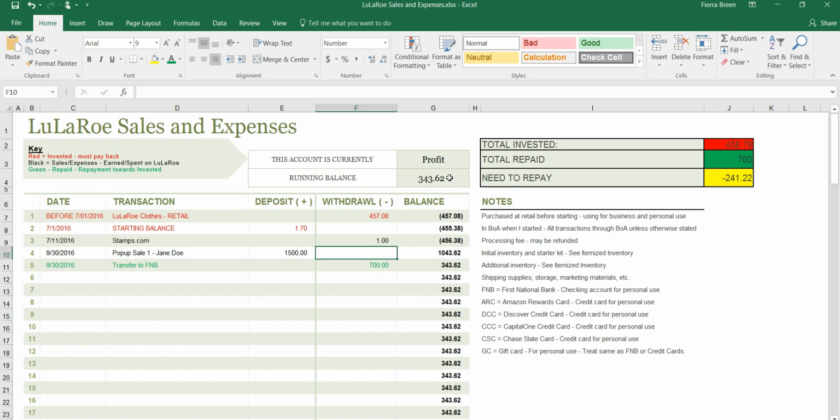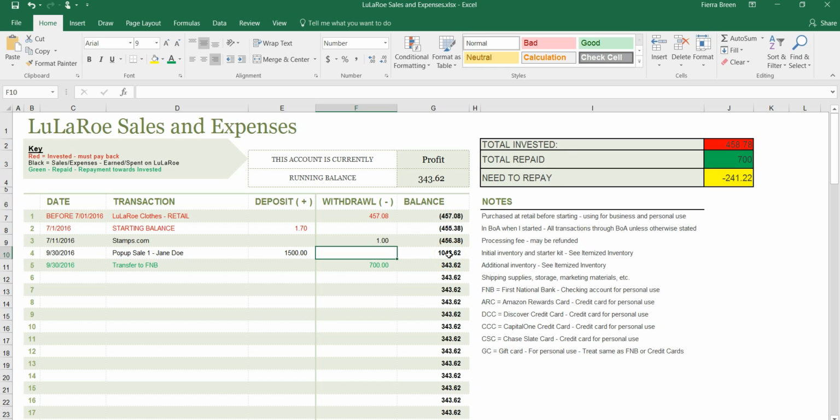So that's a basic layout of the spreadsheet that I created to keep track of my expenses and sales for LuLaRoe. Oh, and this column right here, self-explanatory, is the running balance. Like I said, when I started, it was negative. I was in the negative for $57.08, and then minus the money that I had in the Bank of America account, so that's $455. And then I spent $1 for a processing fee for stamps.com.